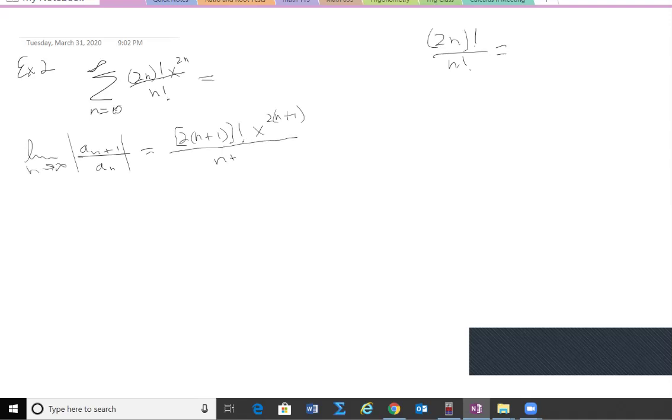And this is n plus 1 factorial, all of that. And I'm going to do the flip here just because it saves a step writing. Okay, so now let's see what happens here. Oh, and let's not forget our limit here.